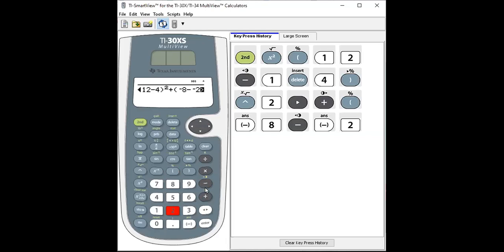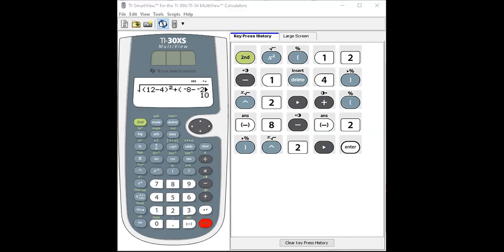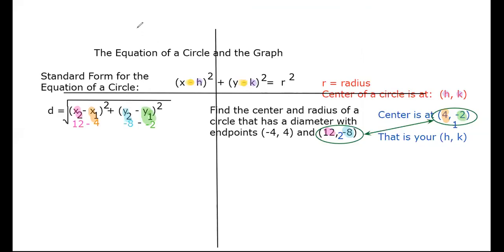Remember, you cannot use this button for a negative. You have to use the negative button. Parentheses, up arrow 2 to square it. Directional pad to the right to get out from under that root and hit enter. The distance between those points is 10. Your calculator did that for you. Your radius is 10. The distance between the point on the edge and the center is 10. So the radius equals 10.